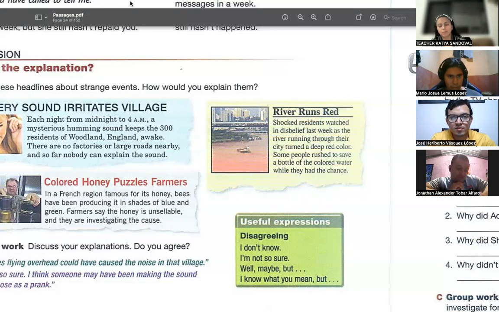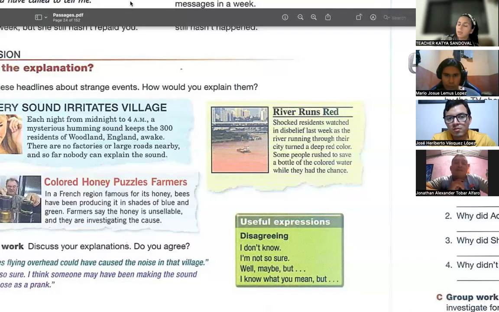Yes, throw the waste into the rivers or oceans. I think so, teacher. Yes, that can be another possibility, right? Maybe the water might have been changing color. Maybe they are contaminating the river, and they don't know. So that can be. Yes, teacher. Teacher, another comment.